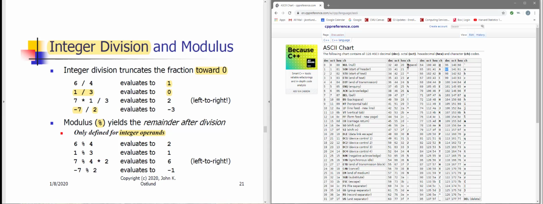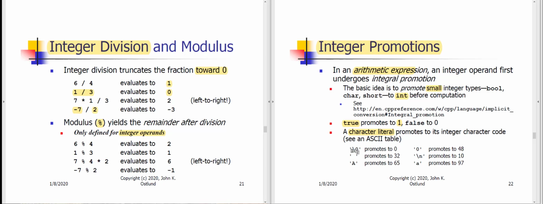The space character, that is, quote single space quote, has an integer value of 32. The null character is the character whose value is 0, and we usually represent the null character in code with quote \0 quote. The character 0, on the other hand, has the decimal integer value of 48.